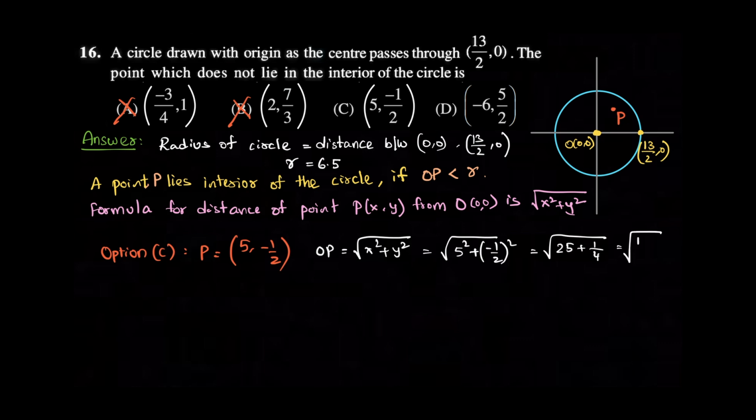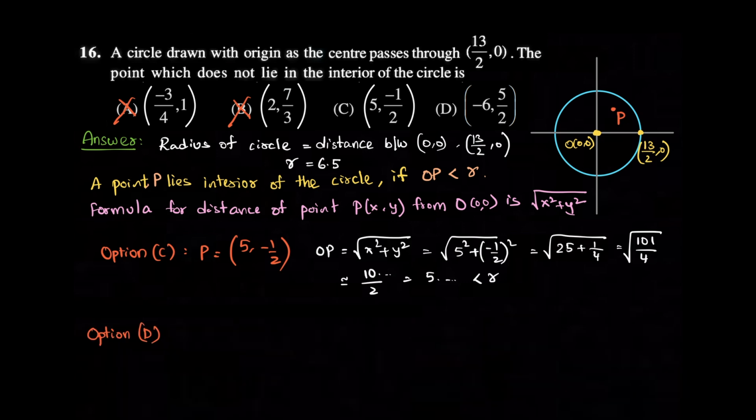If we take 4 as LCM in the denominator, 25 times 4 is 100 plus 1, 101/4 under root, which is approximately 10 point something divided by 2. That is approximately 5 point something, which is less than the radius of the circle, 6.5. Therefore, the point given in option C lies in the interior of the circle. Therefore, option C is also not a right answer. It is a wrong option.